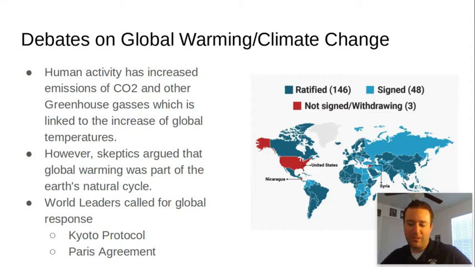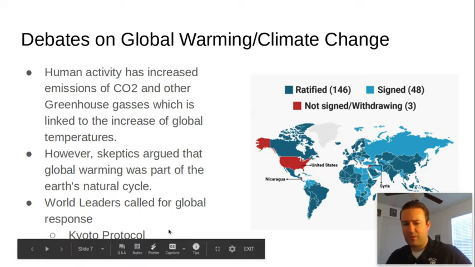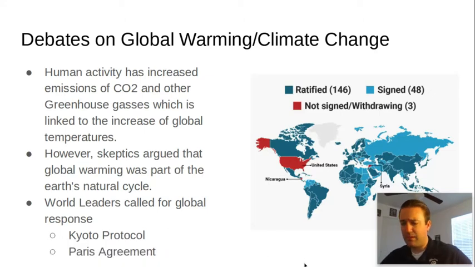And there have been a couple of summits and agreements that have been made by most of the world's countries. The first one was in 1997, the Kyoto Protocol in Kyoto, Japan. They met: United States, Canada, Western European countries, Russia, and a few others.